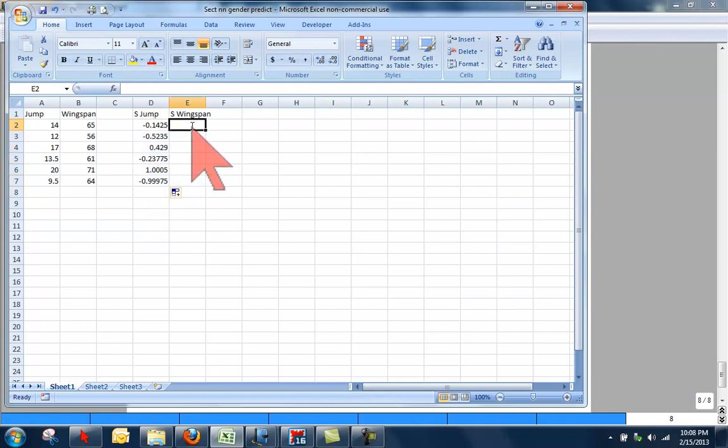For the wingspans, approximately 0.1333 times the original wingspan minus 8.4667. Drag that down. And there again, we've converted the wingspans to something going between -1 and +1, essentially.